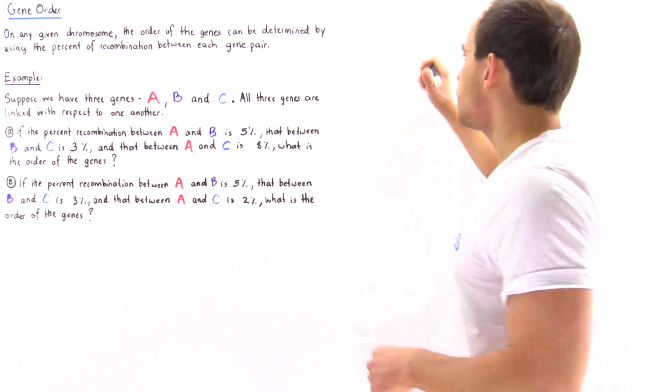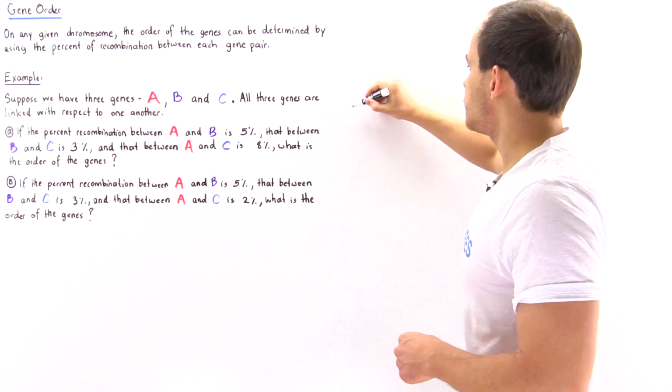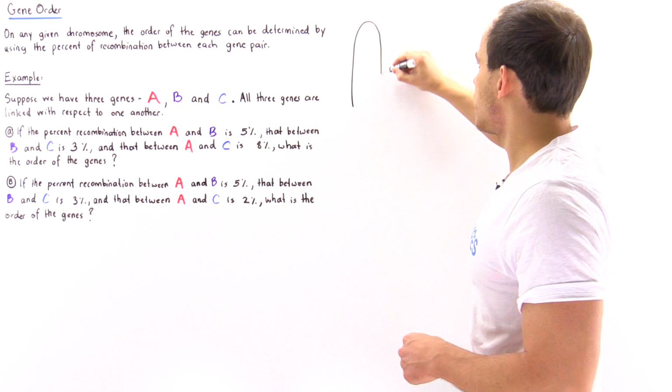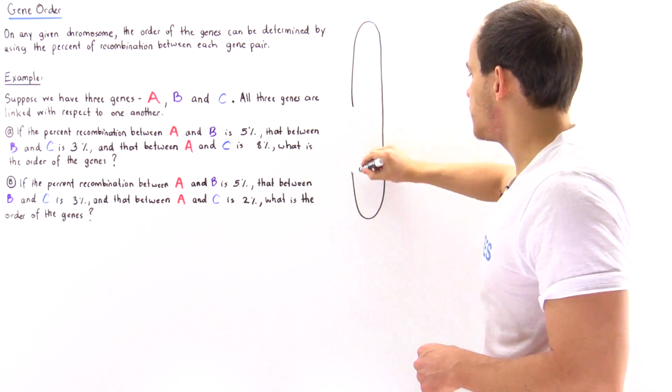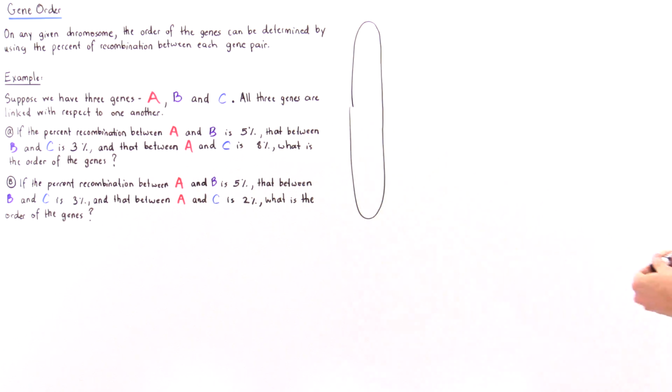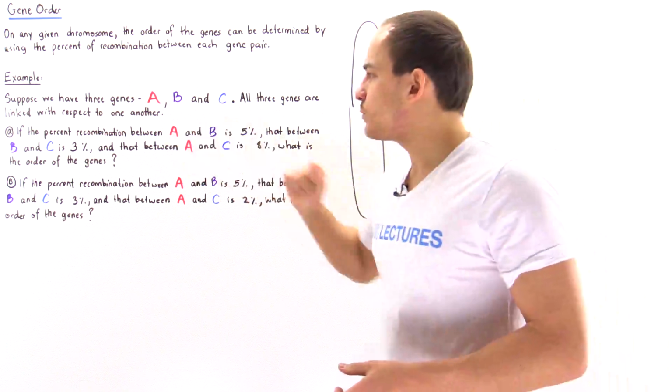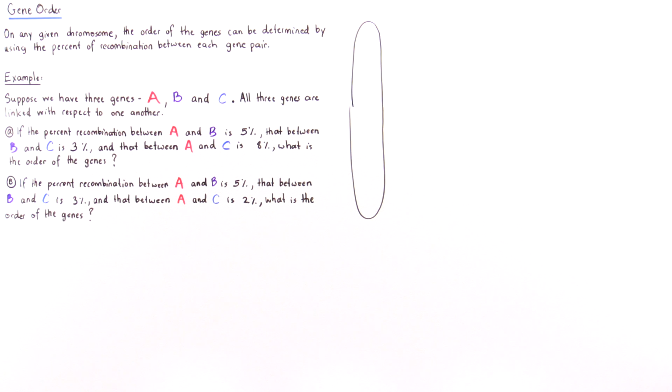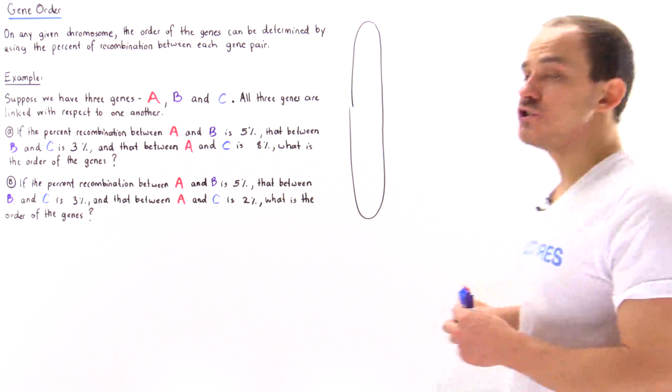Let's suppose the chromosome is this chromosome right over here. The question is, if we know the percent recombination, how can we use that information to determine the order of the genes?